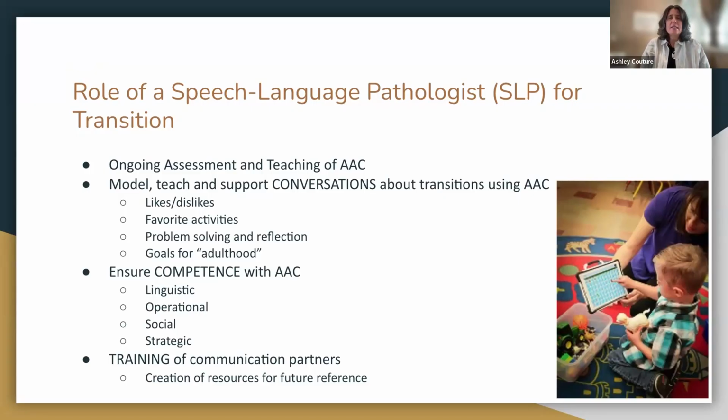And so first of all, it's our role to do assessment, full assessment of an individual's communication, their abilities, and their needs, and then match them with additional alternative tools to supplement their own natural communication abilities and augment what they have, but provide them with alternatives for what they need. And that assessment and teaching is ongoing and evolutionary.